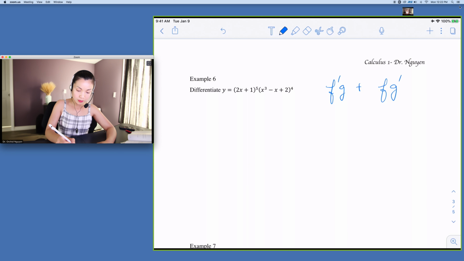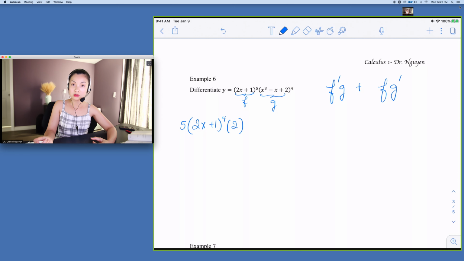f prime. So you can see that this one right here is f, this one right here is g. So f prime gives me 5, 2x plus 1 to the 4th, and then inside times 2. So that's the derivative of f, which is f prime, multiplied by g.